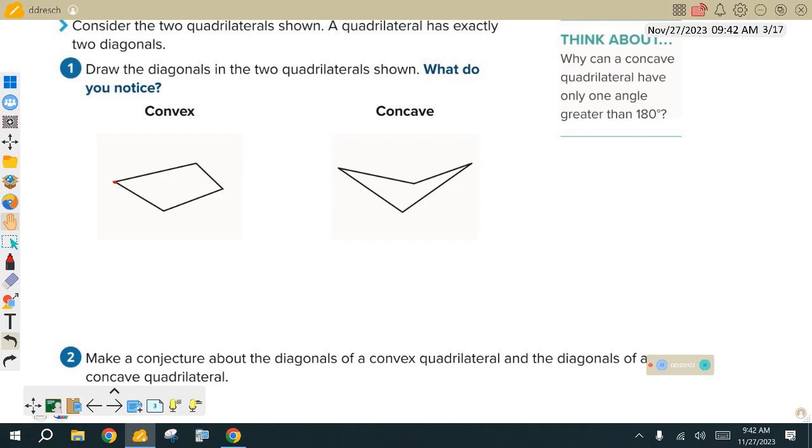So go ahead and use those straight edges for making those diagonals. Make that diagonal I was about to make there. And go make me the other diagonal.